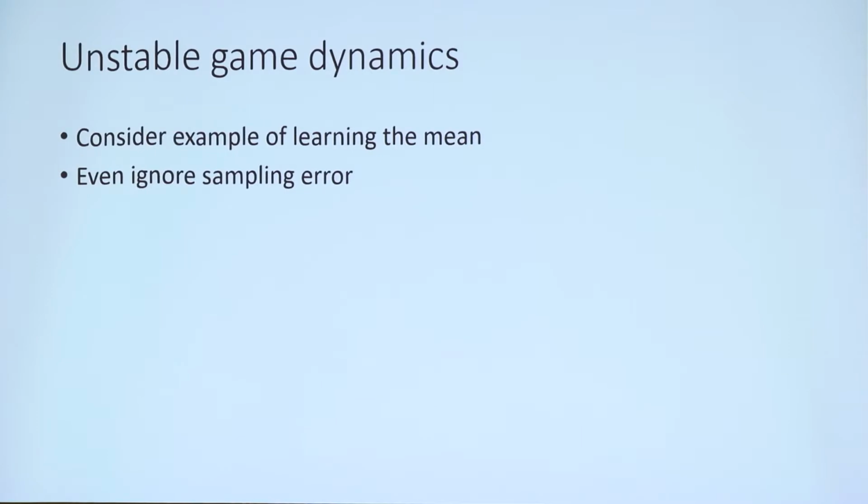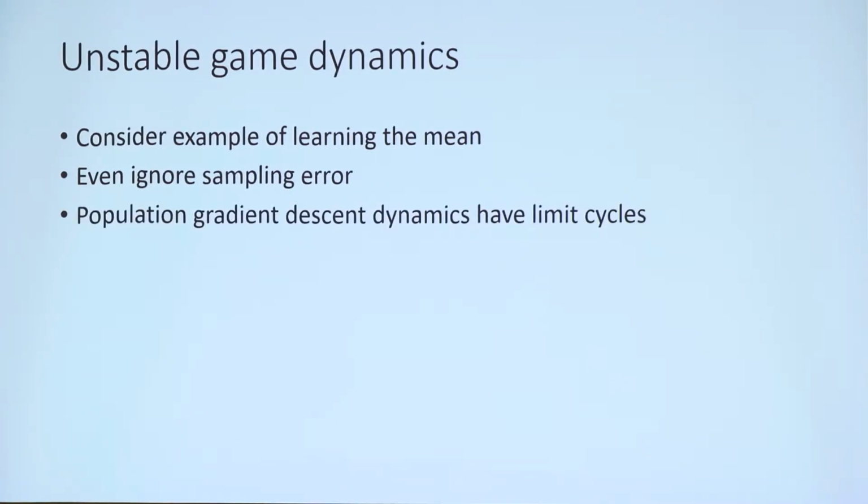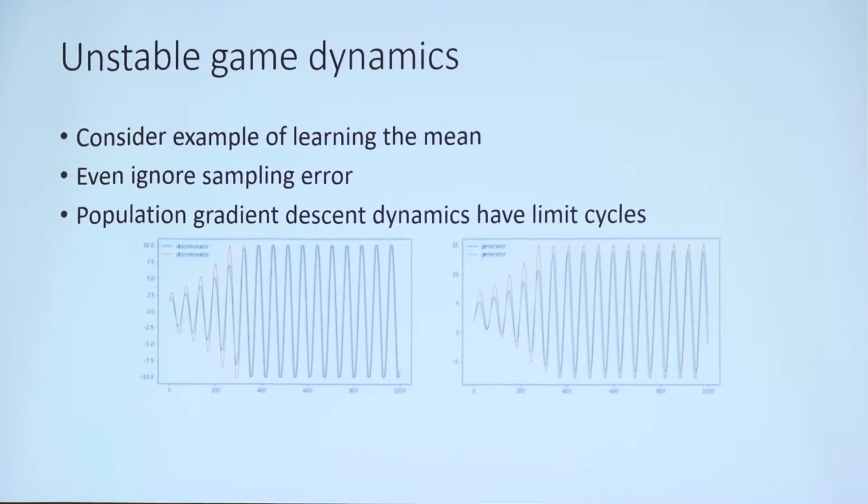Suppose that we're in the population limit, and suppose that we apply vanilla gradient descent dynamics to this: we update the generator using gradient descent, and we update the discriminator using gradient descent for this simple bilinear game that was W times V minus theta. And these are the dynamics that you get, right? So this is the parameters of the discriminator, and these are the parameters of the generator. Say here you have a two-dimensional distribution, and you're trying to learn these two means.